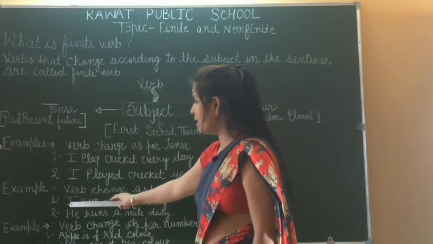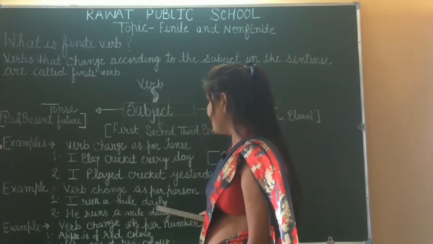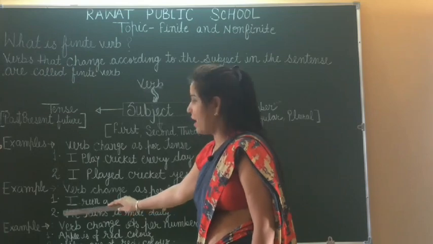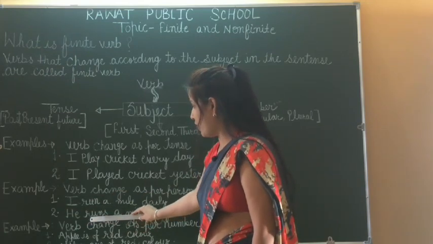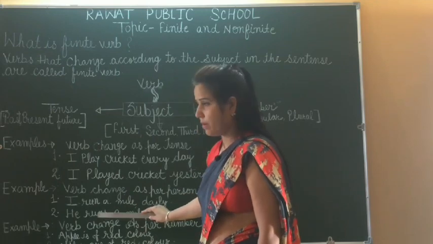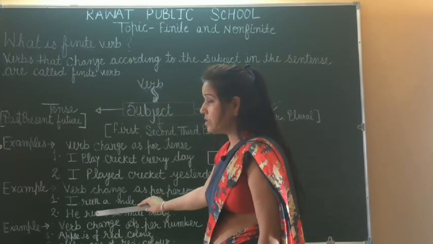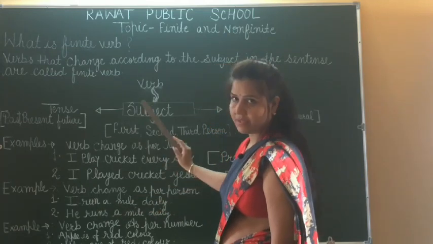Now the other example: He runs a mile daily. He is a third person, I is a first person, and runs is a verb. So run changes to runs as per person.